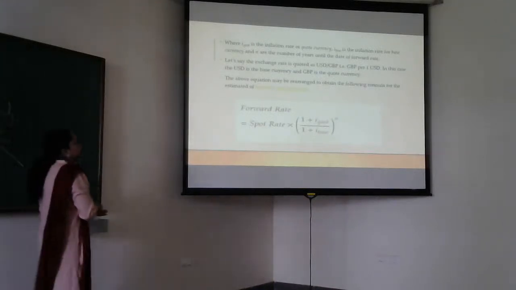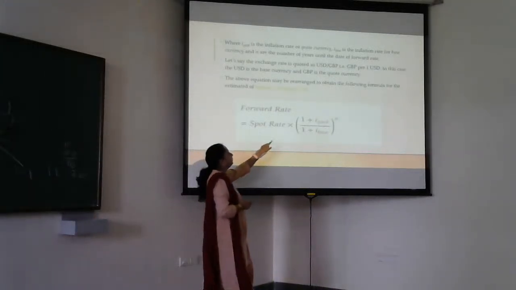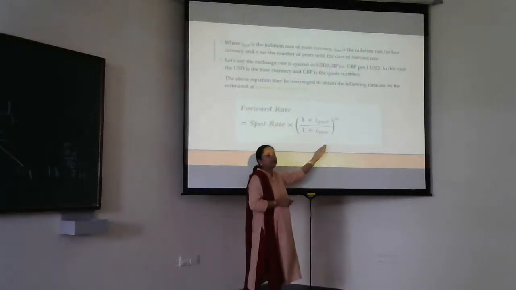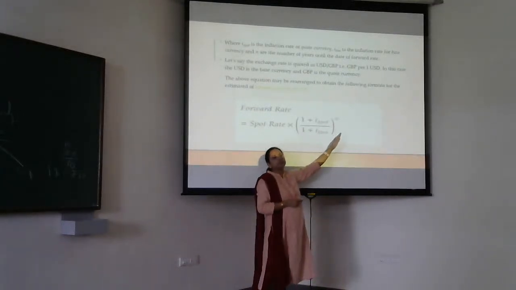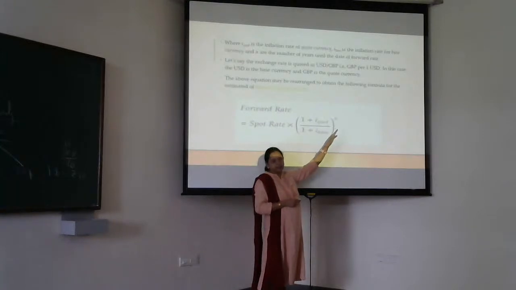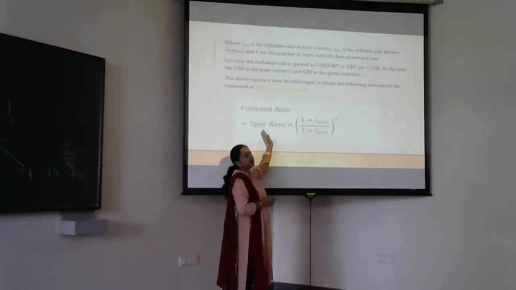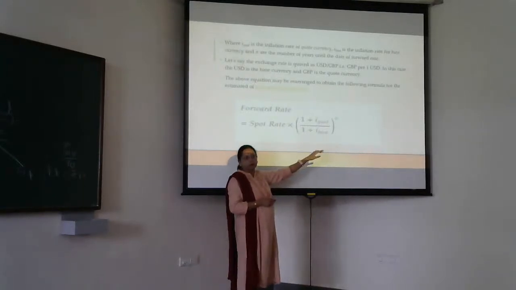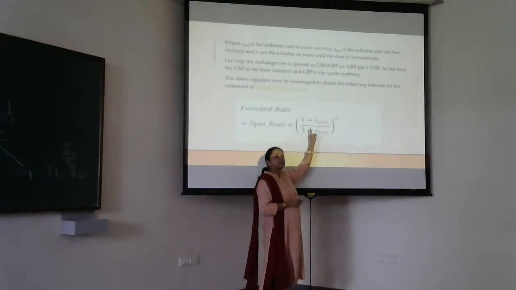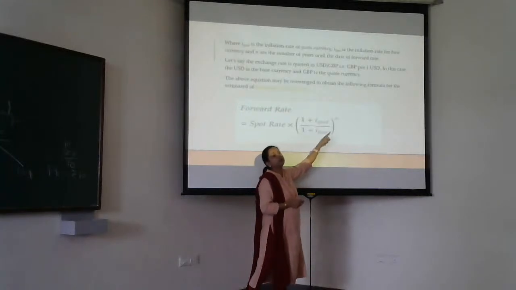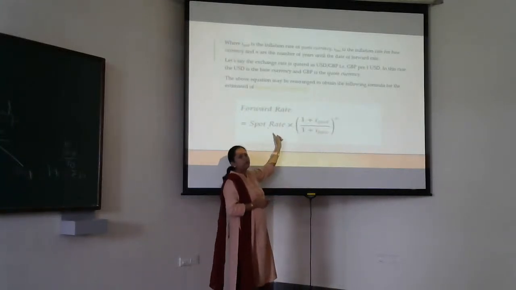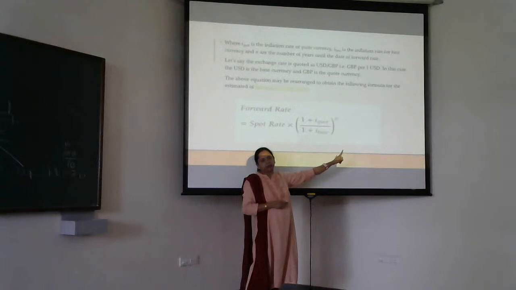We will consider that spot rate, and by how many points there is going to be a change in the currency. Those points you will consider in the spot rate to identify your forward. So this is basically assimilation of inflation into the spot rate to identify your forward.